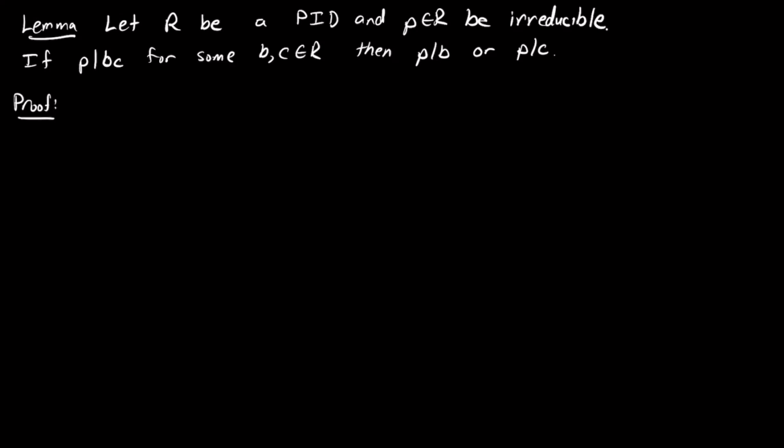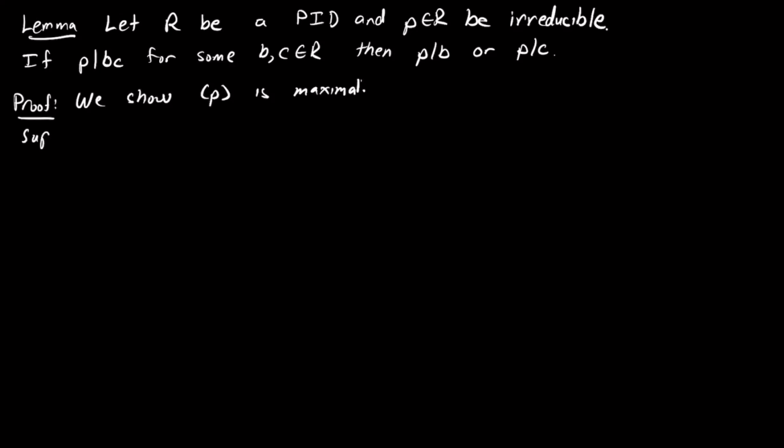And why is this lemma so neat? We're going to do something kind of funny. We're going to show that the ideal that p generates is maximal, right? So how do we do that? We'll see why we do that in a second, but let's just write out this proof.